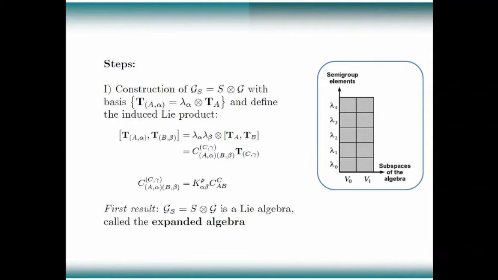Now the steps. First, take the tensor product of all the elements of the semigroup to the generators of the algebra, and in the paper they show that this turns out to be a new algebra where this is the new structure. And there's a visual representation. We take all the elements.